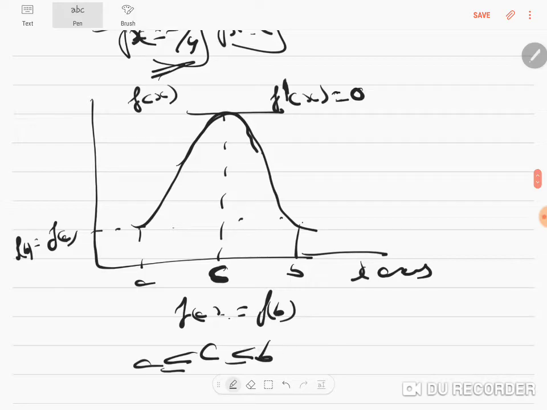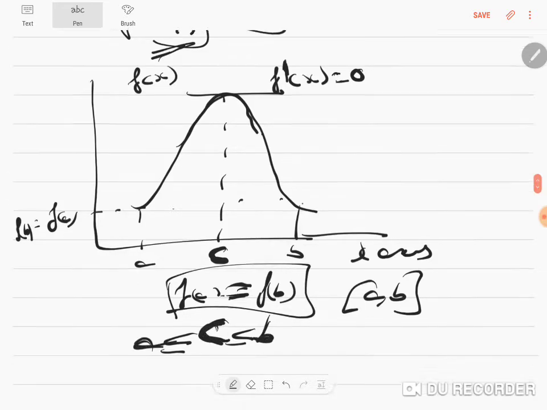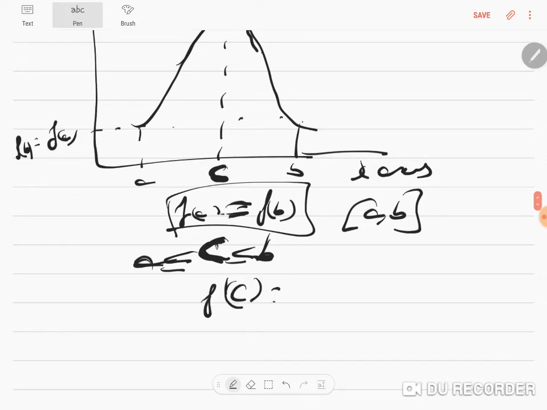So define Rolle's theorem: for a function which is continuous on a closed interval A to B, where f of A equals f of B, there exists a point C which lies between A and B, where f dash of C is equal to 0.